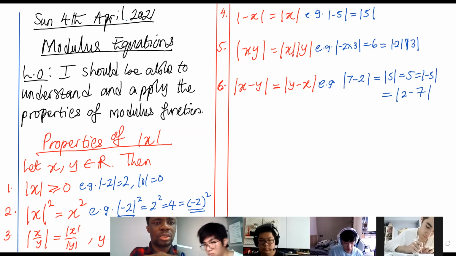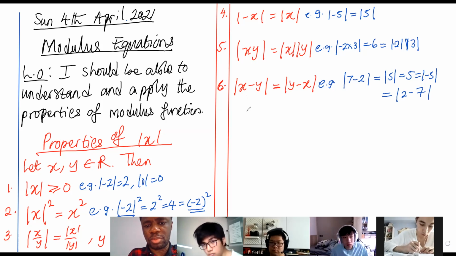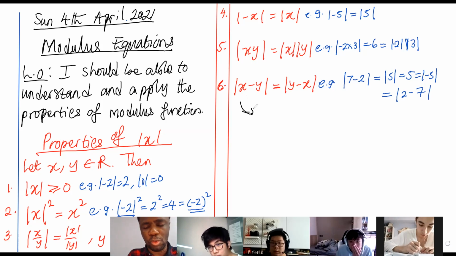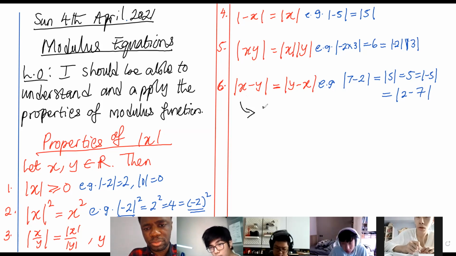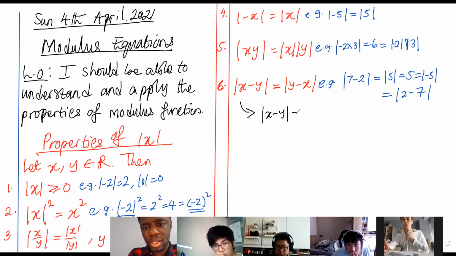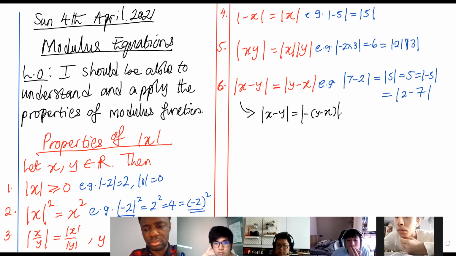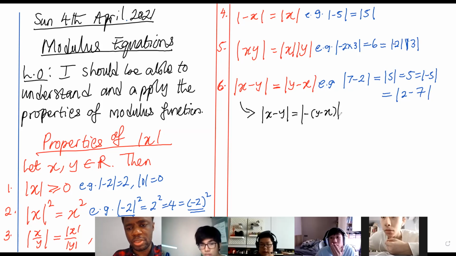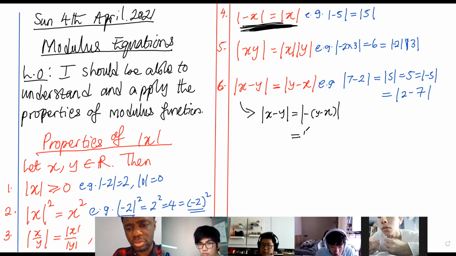In particular, you can re-explain this using property 4. Everybody look at the board. The absolute value of x minus y is the same as the absolute value of minus brackets y minus x. Do you agree? And if you use property 4, this is the same as the absolute value of what?